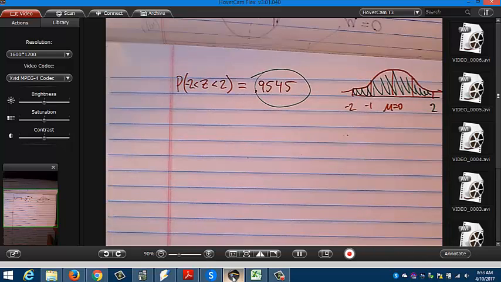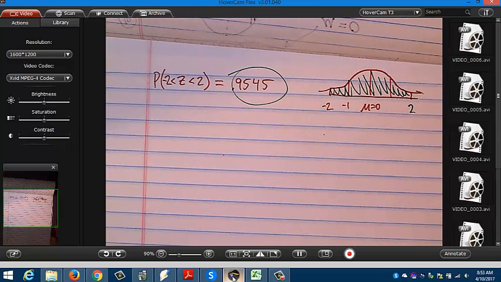95%. Right? What that means is, do you remember back in chapter 3, where we said it's unusual to be more than 2 standard deviations from the mean? Well, why do we say that? What would be the probability of being outside of those bounds?